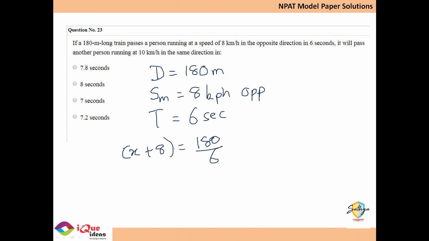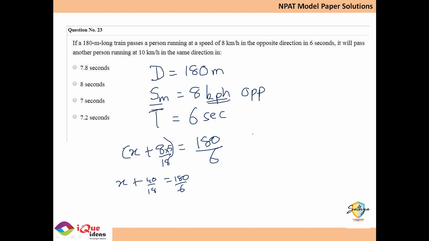But where you need to be careful is the speed here is given in kilometers per hour. So this needs to be multiplied by 5 by 18 in order to get the exact value in meters per second. So my first equation, I get x plus 40 by 18 is equal to 180 divided by 6.